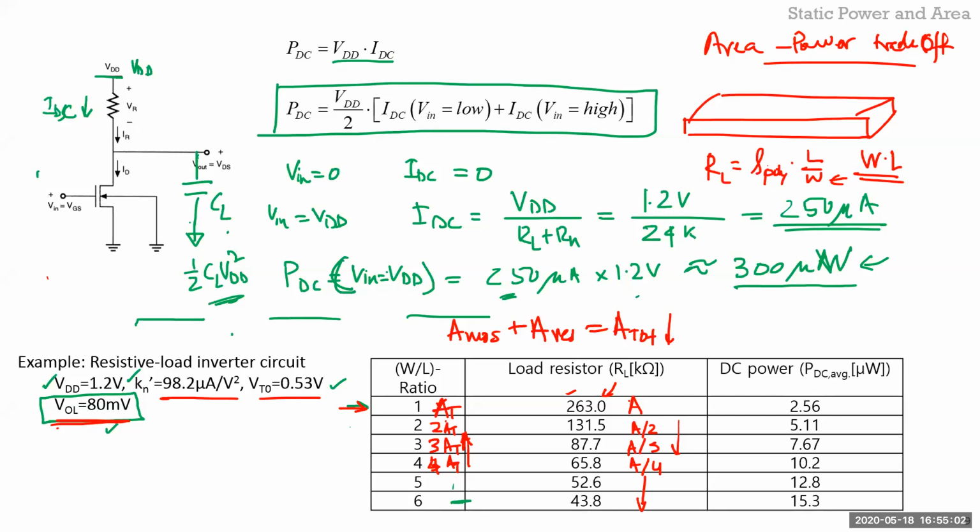Whereas if you want to do a high-speed design, let's say you're designing a high-speed computer, then you don't care about the power there. You just want to minimize area because your circuit is so huge.